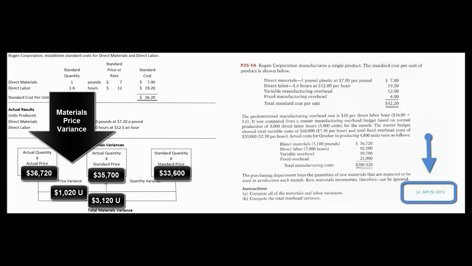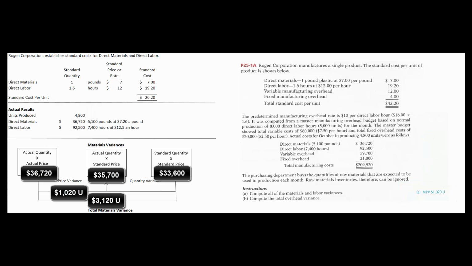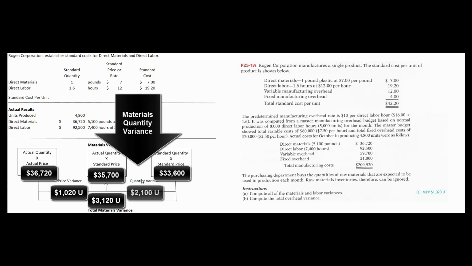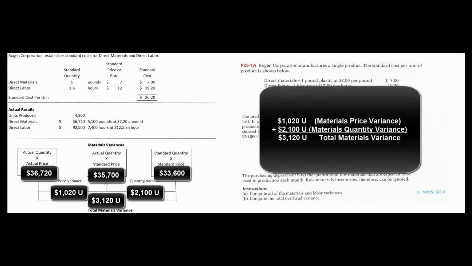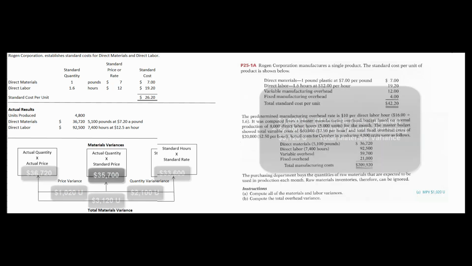That's an unfavorable variance because it's a positive number. We take the magic box total 35,700 minus 33,600. That gives us a quantity variance of 2,100, which is also unfavorable. So if you take the $1,020 unfavorable price variance, the $2,100 unfavorable quantity variance, and add them together, you end up with that total materials variance that we already calculated of 3,120.